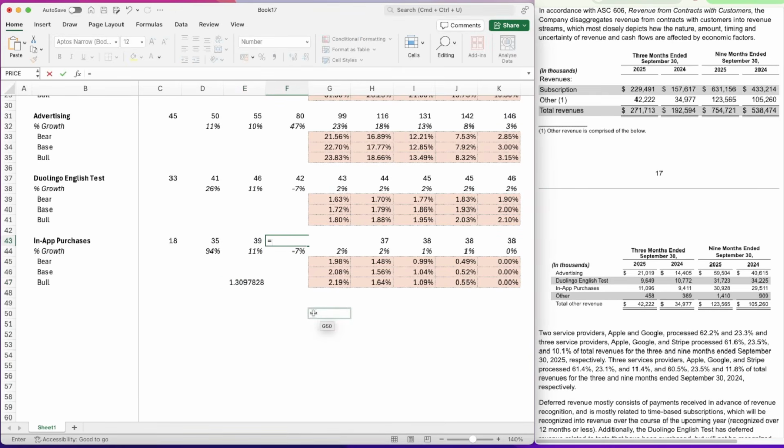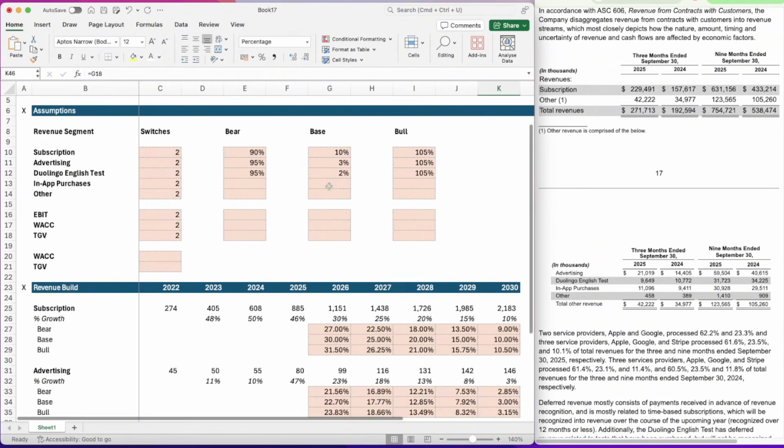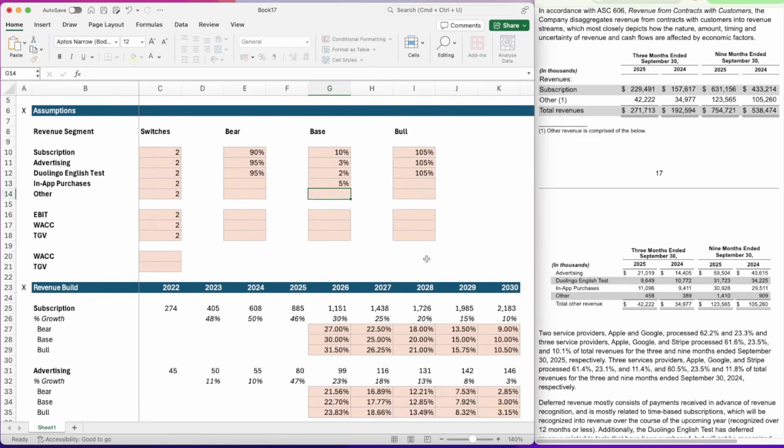It's not terrible. This is probably going to let's call it 6%, 5%.